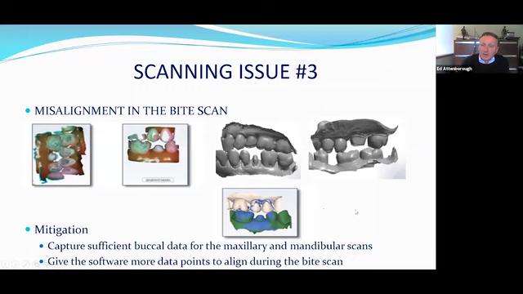You don't want to capture too much data on the individual arch scans, because redundant data, too much data, can cause stitching issues and meshing issues. But certainly when you do the buccal bite scan, take your time. The more software points you give, the more data you give, the better it's going to line, and the better the occlusion is going to be of your final restoration.